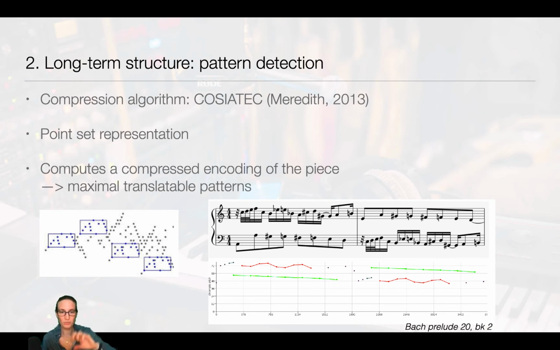It can be transposed, so it finds any possible transposed pieces of music. The Bach prelude example here shows that COSIATEC finds most prominently the red and the green pattern, which you can also hear in the music.